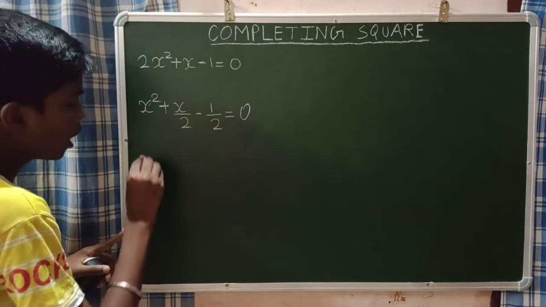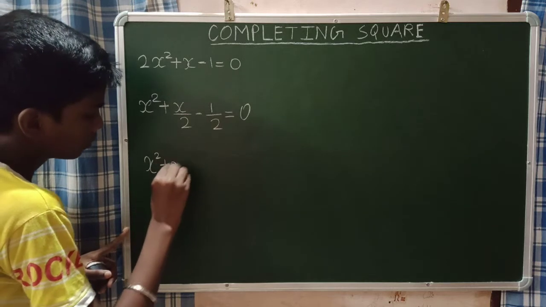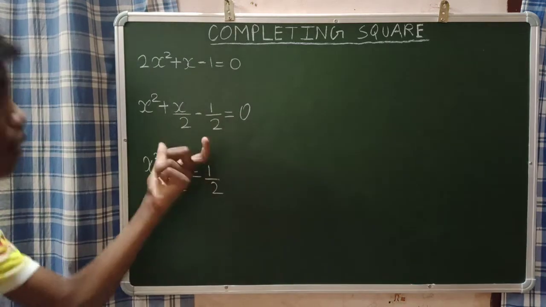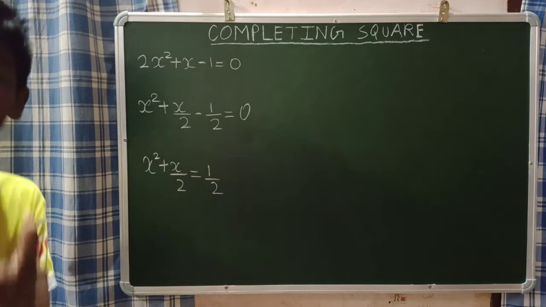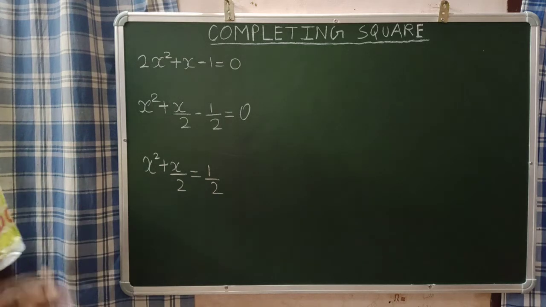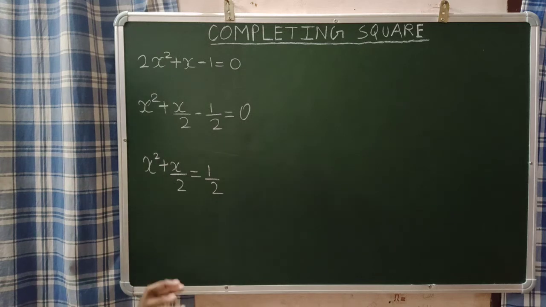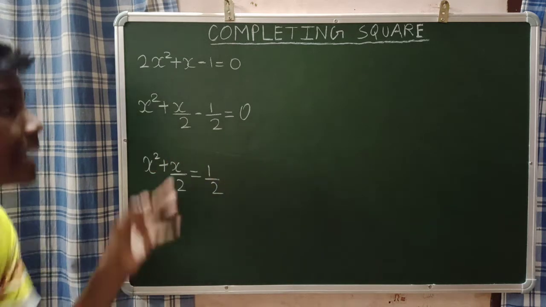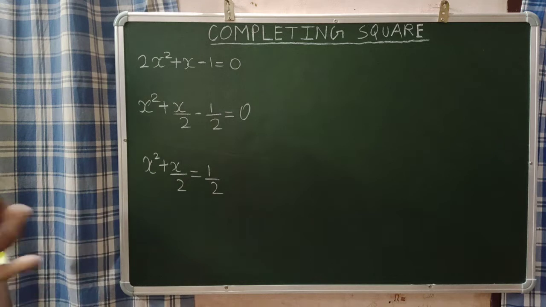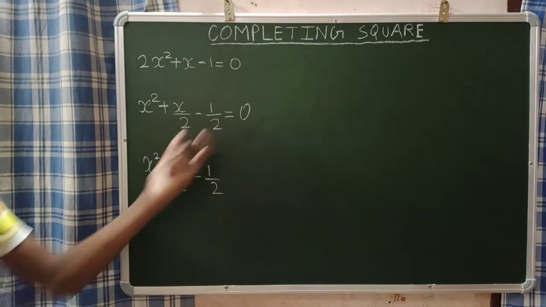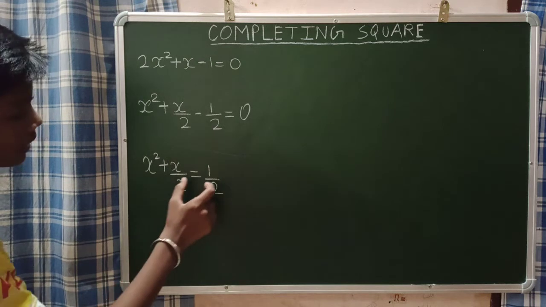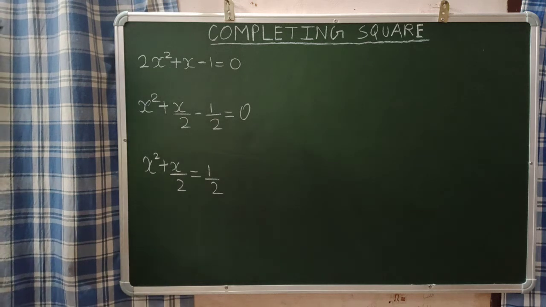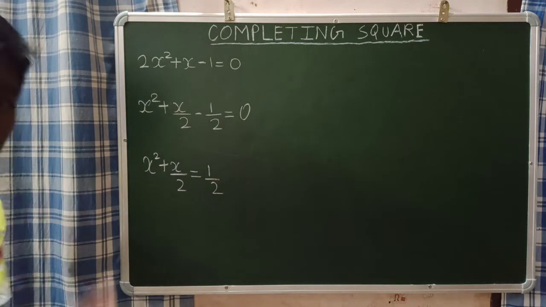Then you will get x squared plus x by 2 is equal to 1 by 2, because minus 1 by 2, when it goes to the right hand side, becomes plus 1 by 2. Guys, I am going step by step, so please cope up with me, then only you can understand this well. After dividing the coefficient of x squared, I took the constant term, that is c, to the right hand side. Simple equation solving.